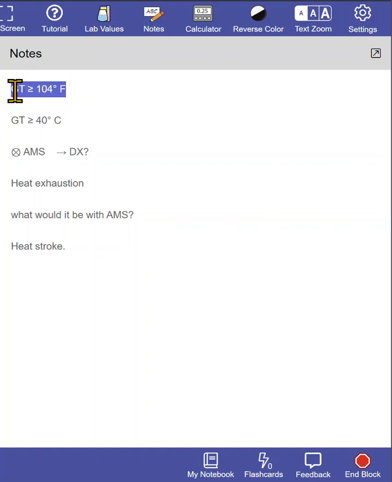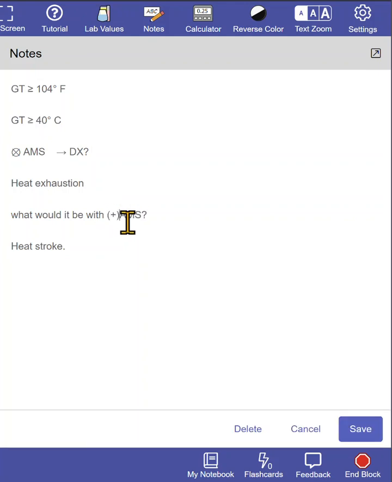So a temperature greater than 104 degrees Fahrenheit, greater than 40 degrees Celsius, with no altered mental status. What is the diagnosis? With no altered mental status, and if you're stable, it's heat exhaustion. What would it be with altered mental status? Heat stroke, right?